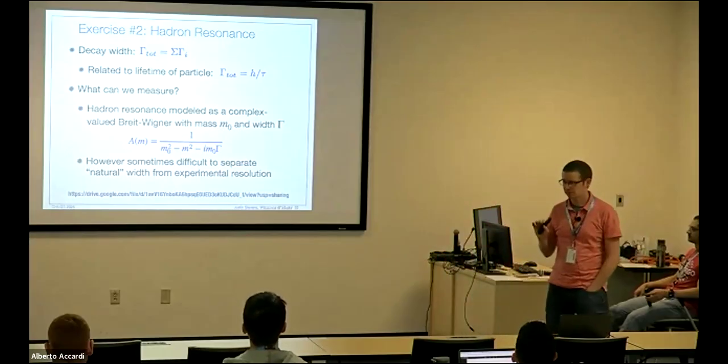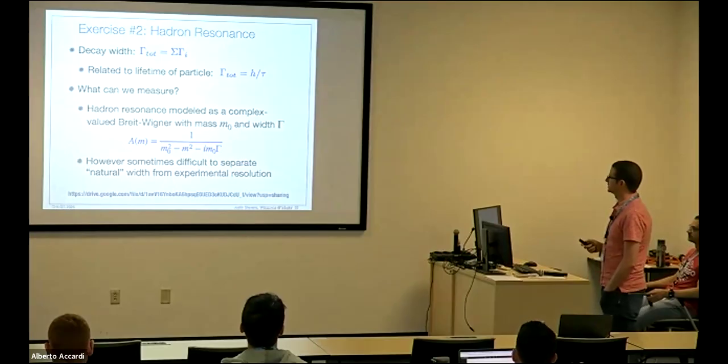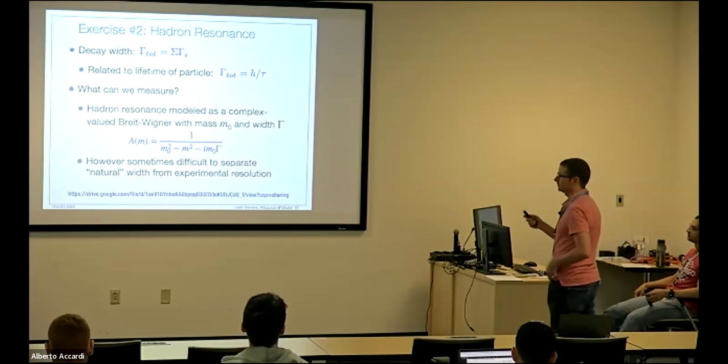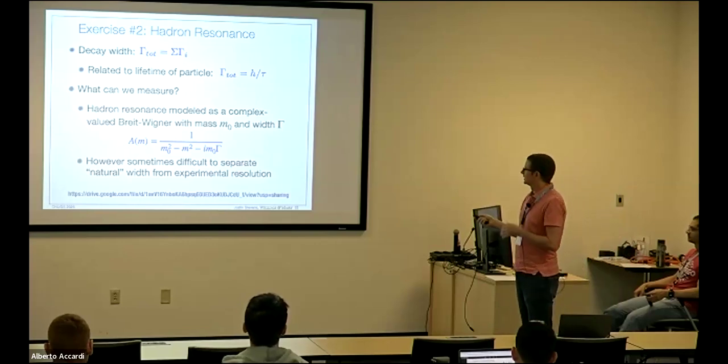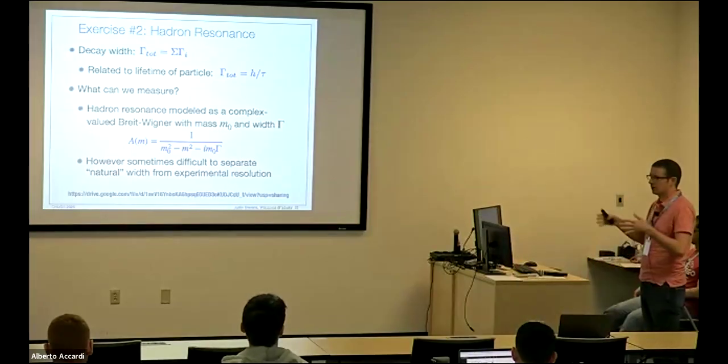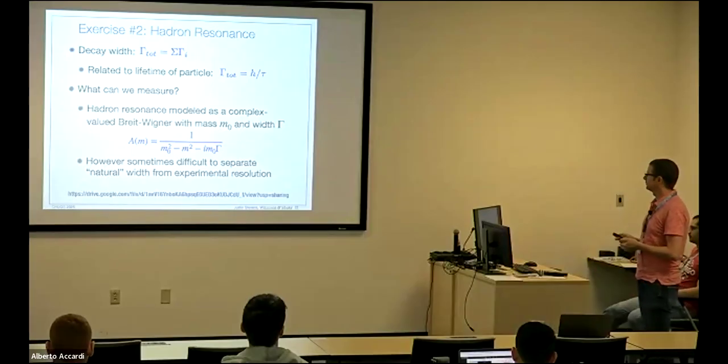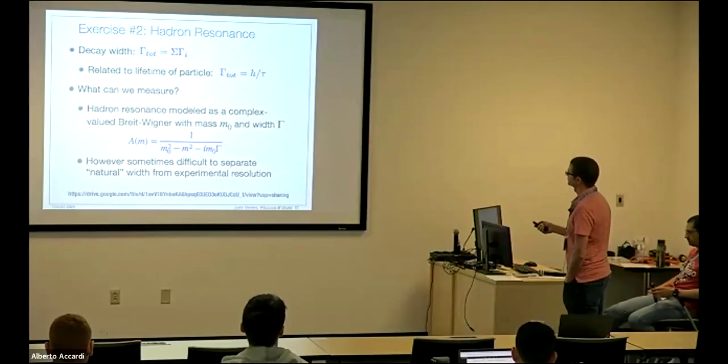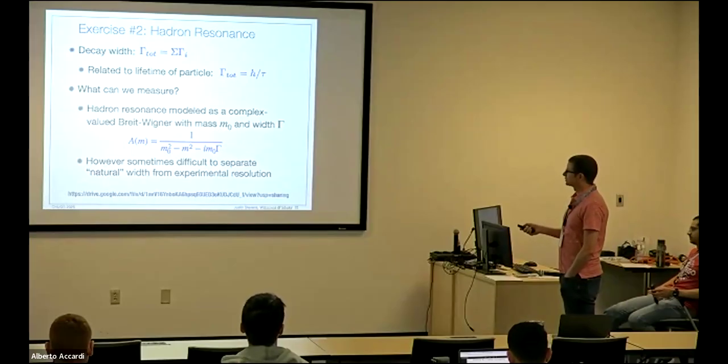So the fraction of the decay to a particular set of particles is this gamma_i. The total width is a property of the particle, how broad it is, and it is inversely related to the lifetime of the particle. So broad particles have small lifetimes.